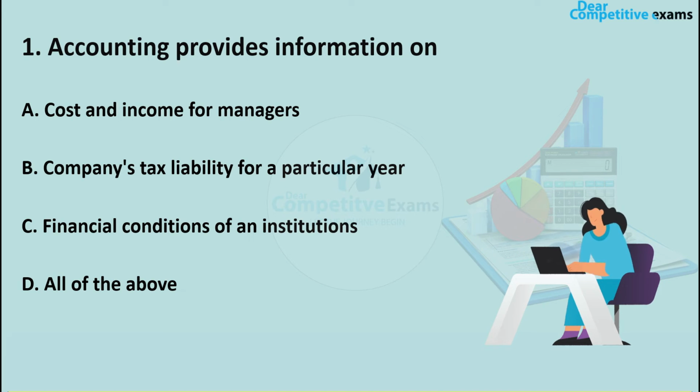The correct answer is all of the above. Accounting provides information on cost and income for managers, the company's tax liability for a particular year, and the financial condition of an institution.